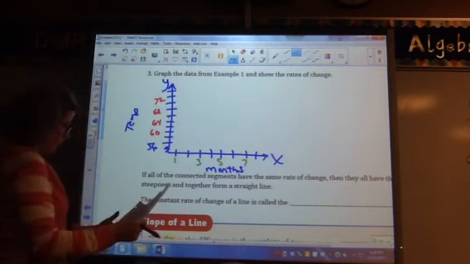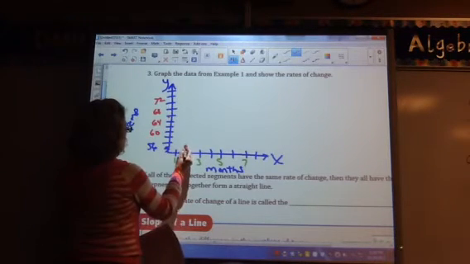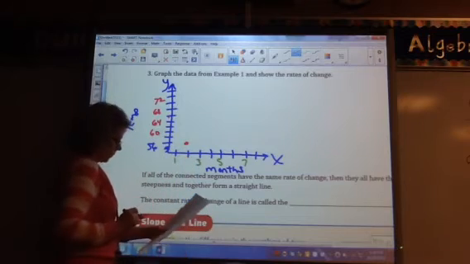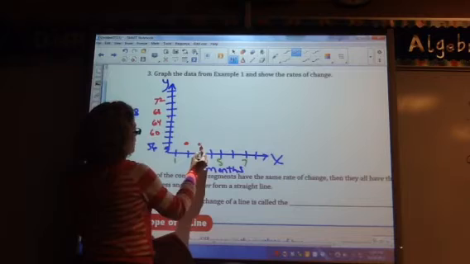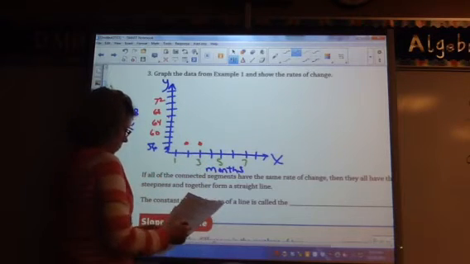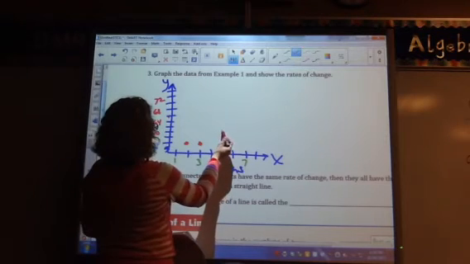Okay? All right, so our first point was (2, 56). Month is 2, temperature was 56. Second point was (3, 56), month 3, temperature 56. Third point, (5, 63).